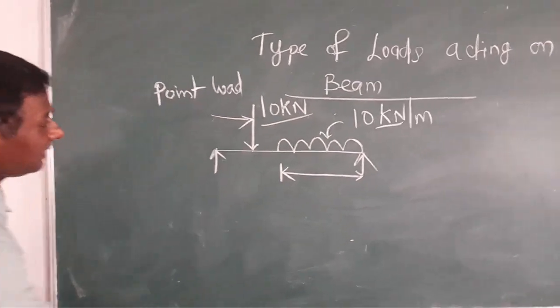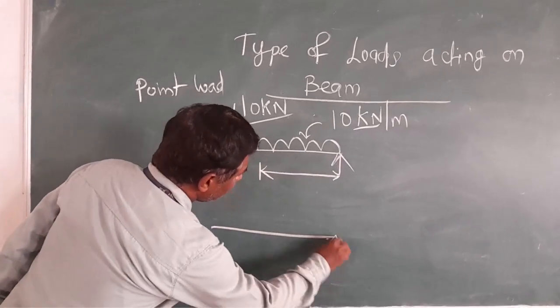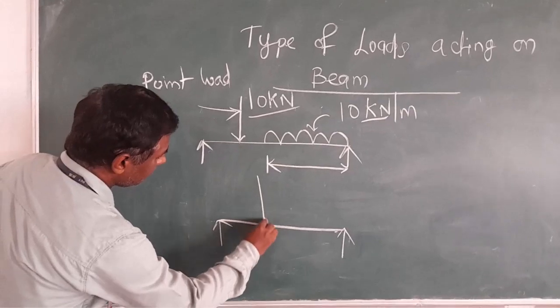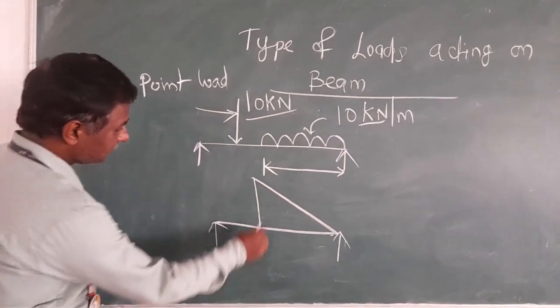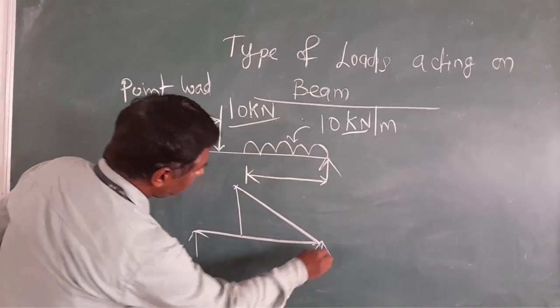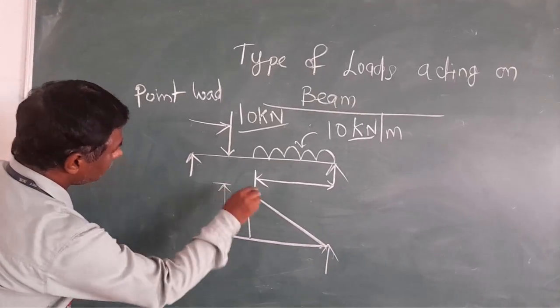And what about uniformly varying load? Uniformly varying load is given like this. So here is the variation from this point to this point. The height is measured and given as the load.